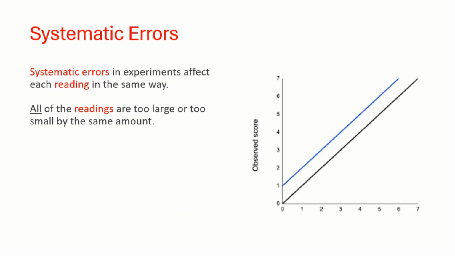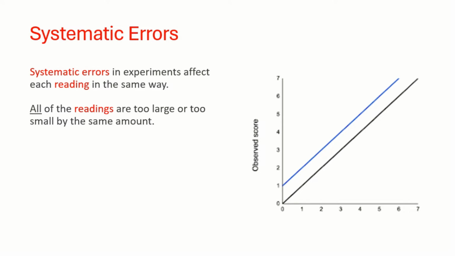All right, now the graph you can see on the screen is an example of systematic error. The blue line is what we measure in an experiment, and the black line is what we should measure in the experiment. What you notice is that the blue line is consistently above the black line, and therefore every reading is too big by the same amount.